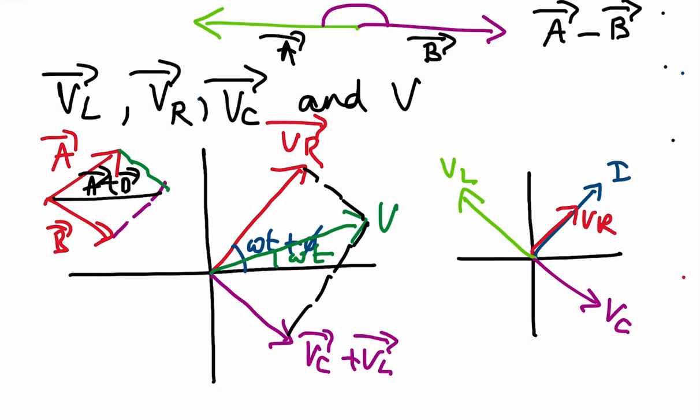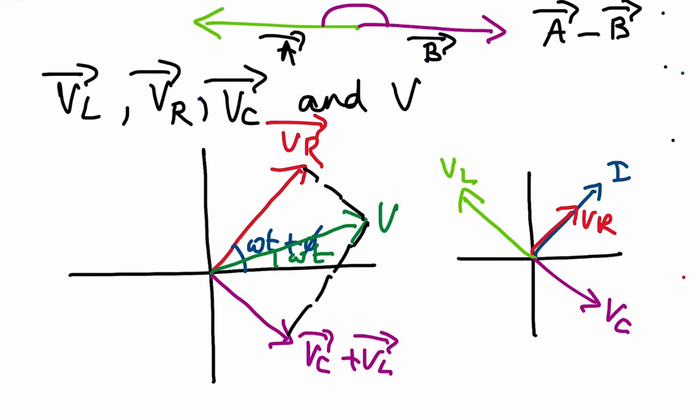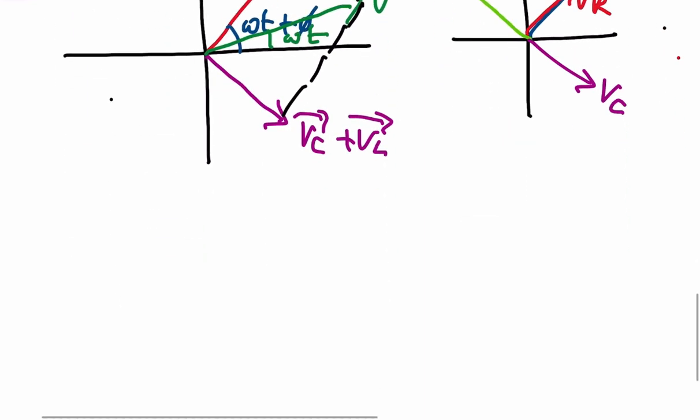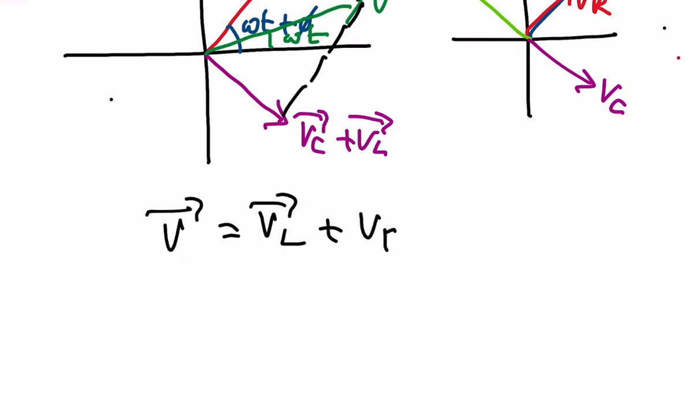In the same way here, VR is one side of the parallelogram, and VC plus VL is the other side of the parallelogram. Therefore, you can write V bar is equal to VL bar plus VR bar plus VC bar. Let it be equation number 3.